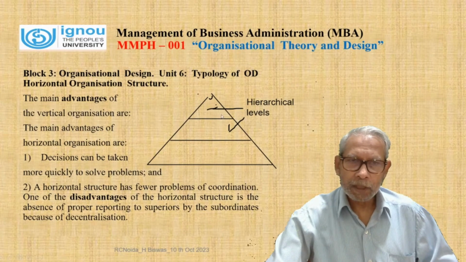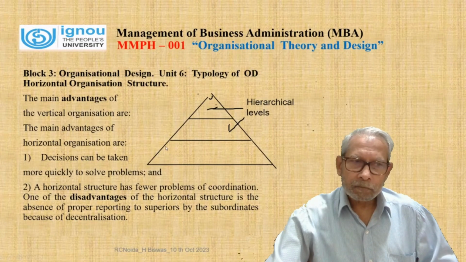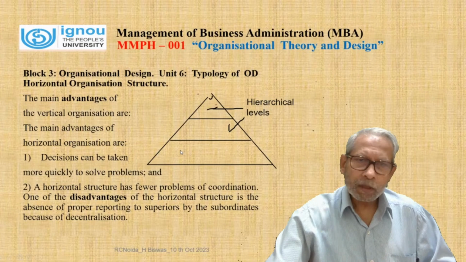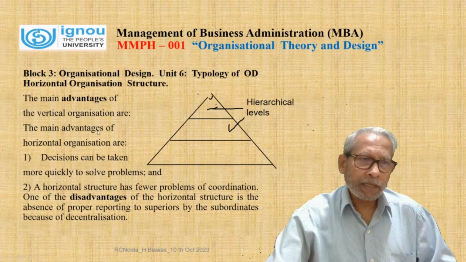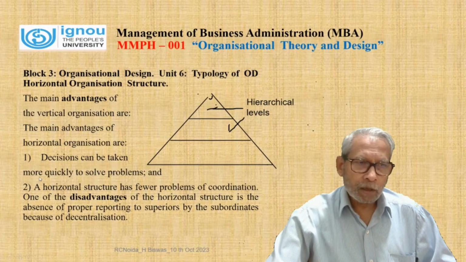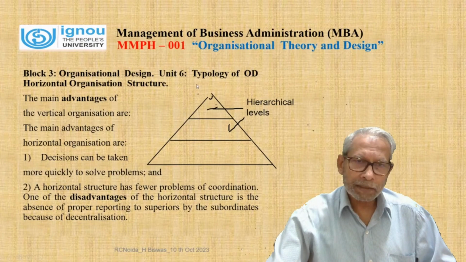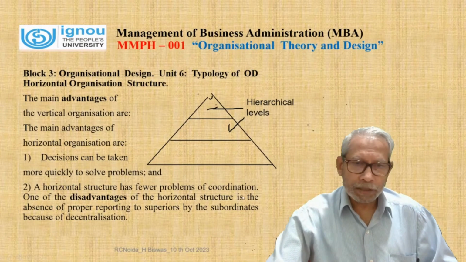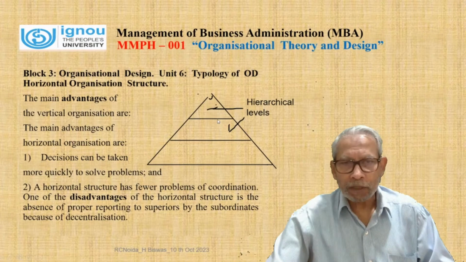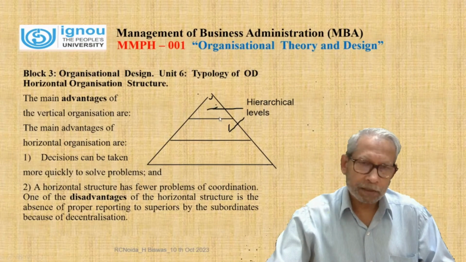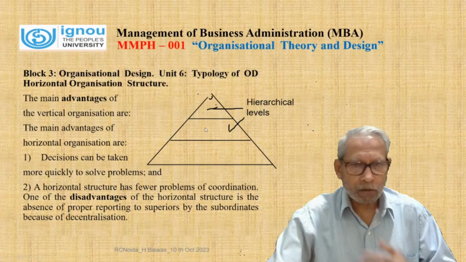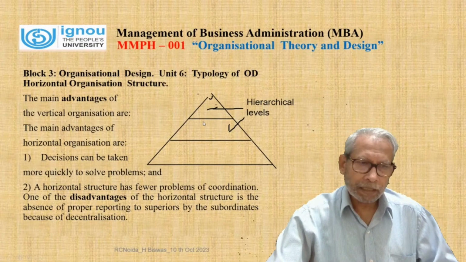You can see the hierarchical levels, and these are basically the customers, the suppliers, or direct interactions with people. The main advantage is that decisions can be made more quickly, because there are not so many levels. The disadvantage is the problem of coordination, because there are only 1 or 2 levels. So there are chances of mismatch, or the decisions may not be taken correctly.